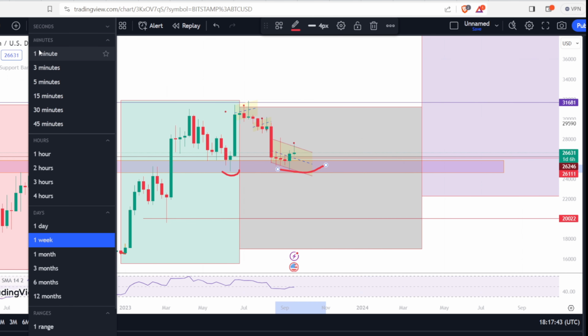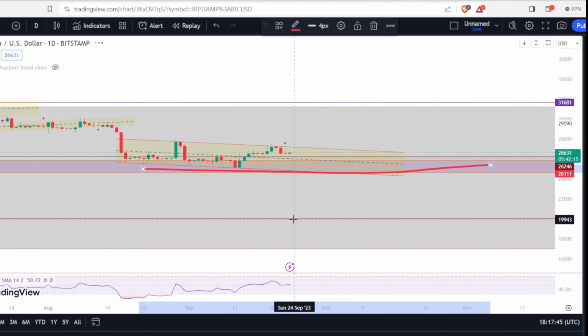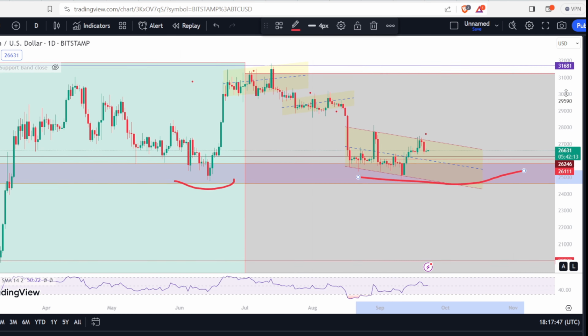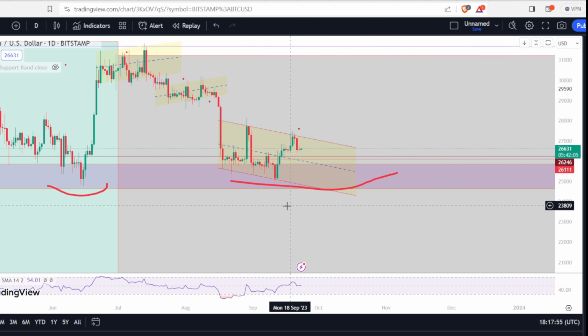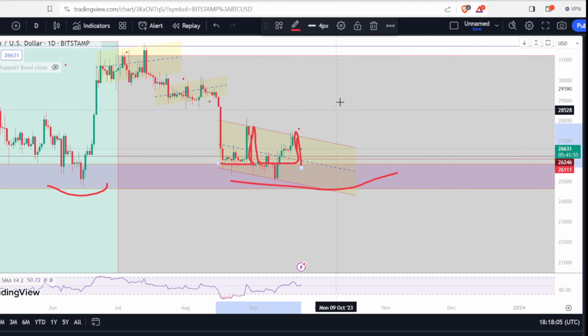Let us go to the daily. In the daily chart, we are right now seeing an interesting channel that is playing out. We saw 2 times after a bounce from support here, a lower high, 1 and 2.